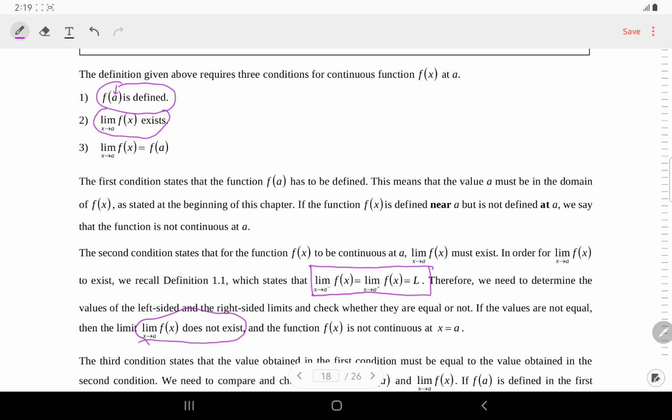So this is how we determine whether the limit exists or not, as stated in the second condition.